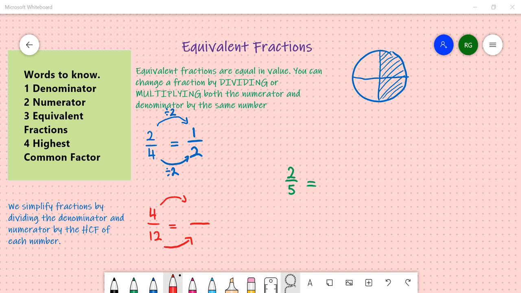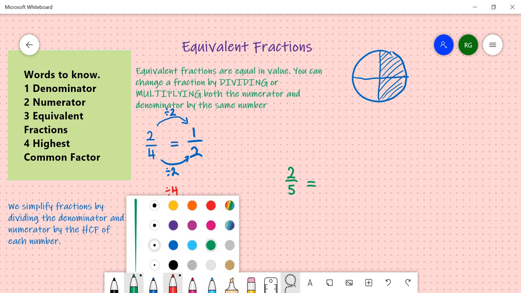We need to find, therefore, the highest common factor of 4 and 12. So the highest number that will go into 4 and 12 is 4. So I'm going to divide both the top line and the bottom line by 4. I get a 1 and a 3. So 4/12 is the same as 1/3.